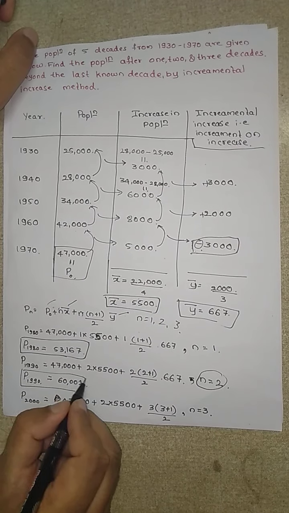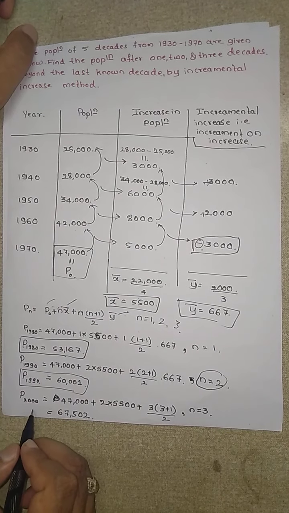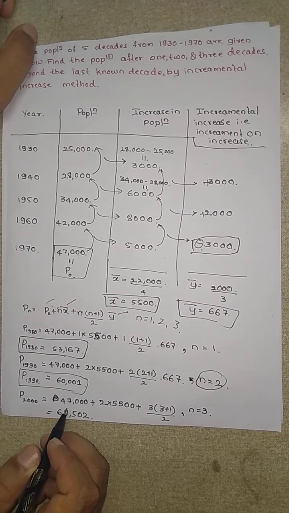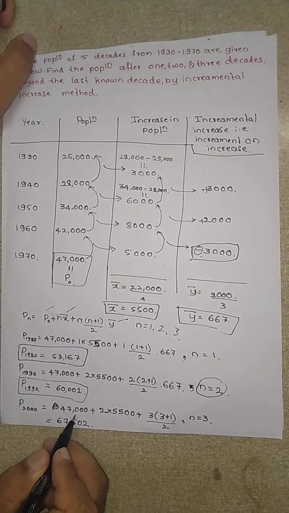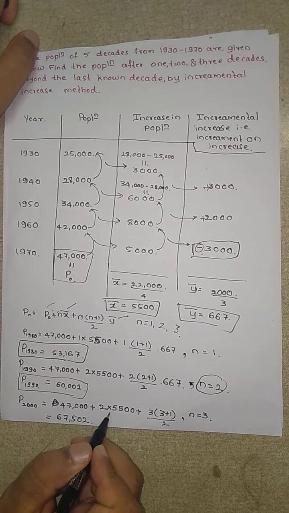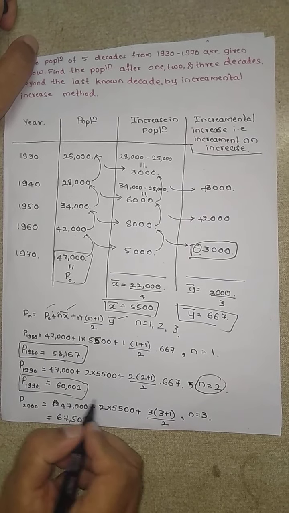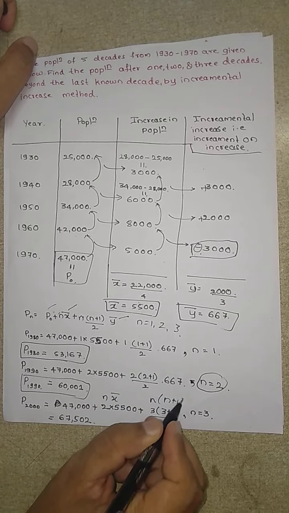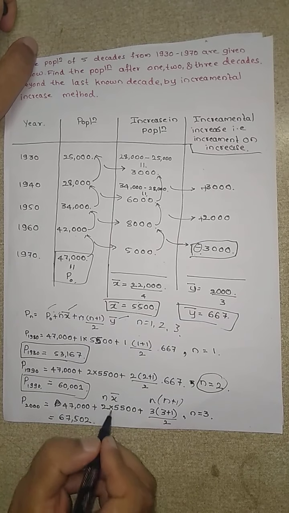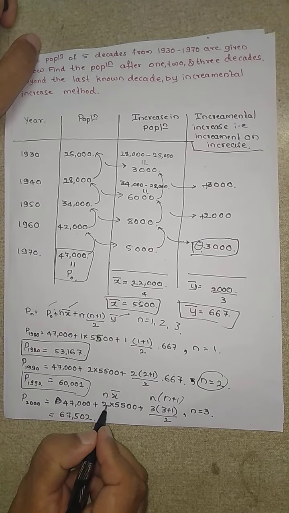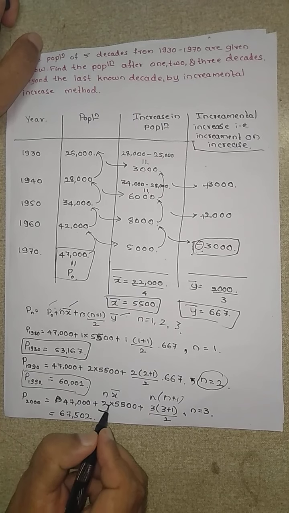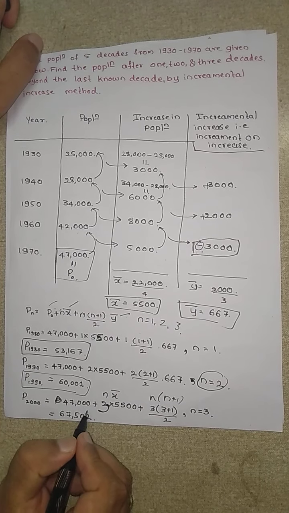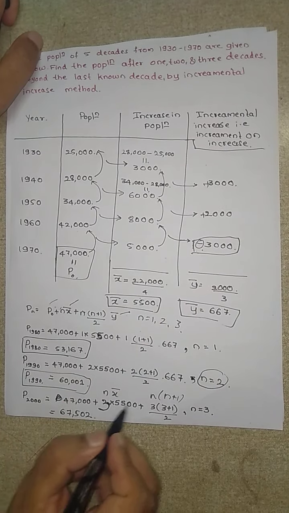That is the reason why N is 2. Then P 2000, the population at 2000: P naught is 47,000 plus N X bar and N into N plus 1 Y bar. Sorry, here it has to be 3. By mistake I have written it as 1, 2 and 3.